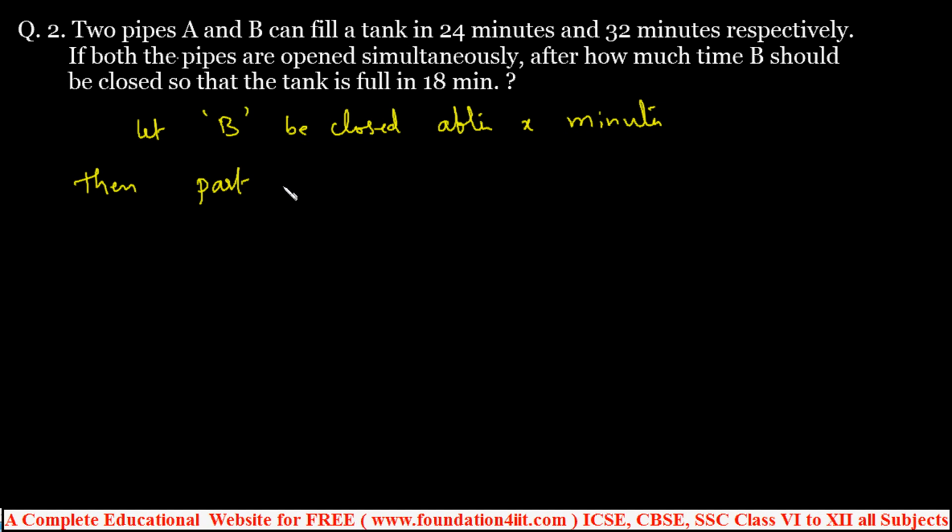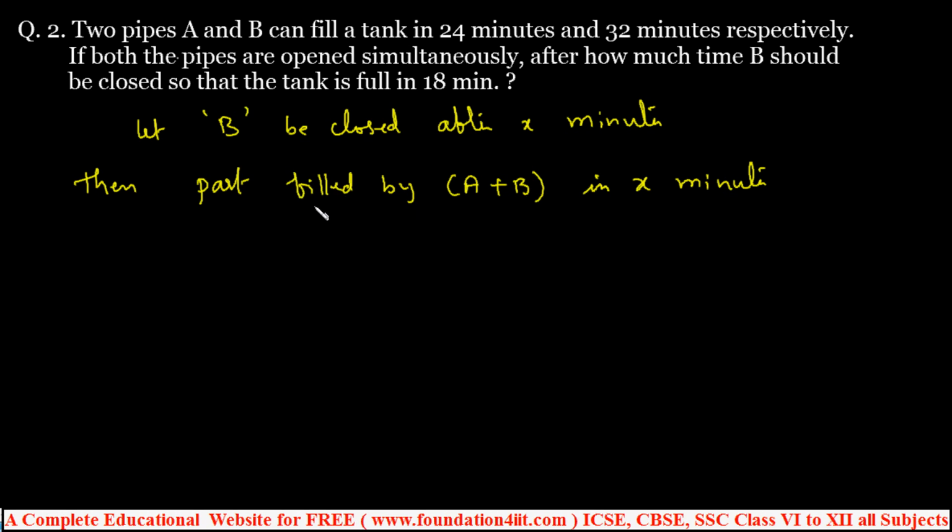So we can make the statement like this. The part filled by A plus B in X minutes, because B is closed after X minutes. For example, if X is 10 minutes, after 10 minutes B is closed, so till 10 minutes they both are working.